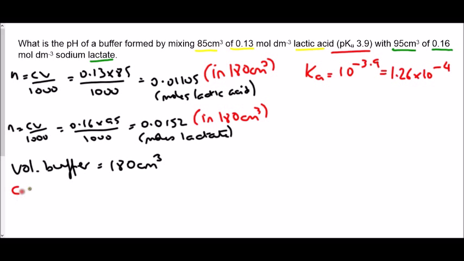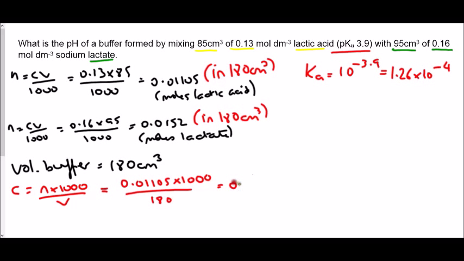So I'm going to use C equals n times 1000 over V. Let's do that for the lactic acid, and let's also do that for the lactate.